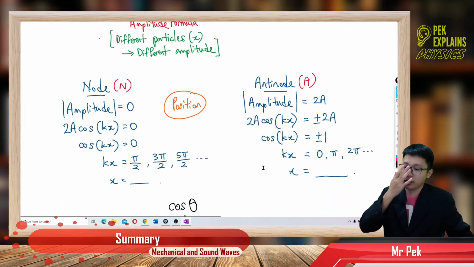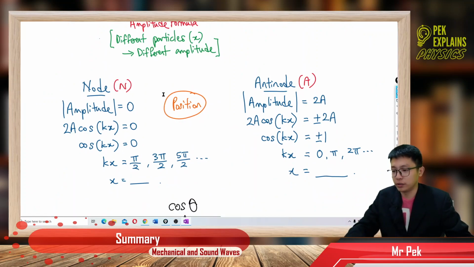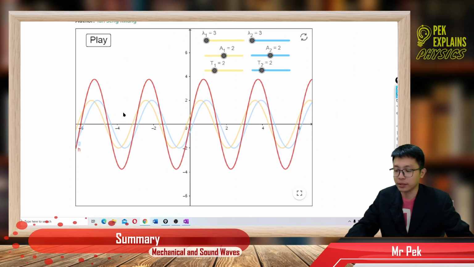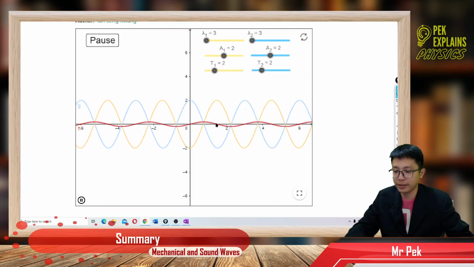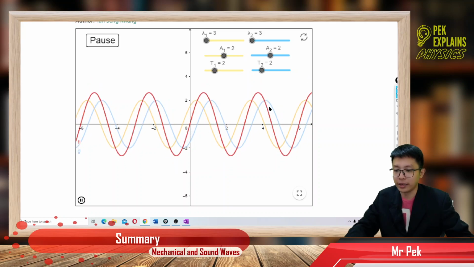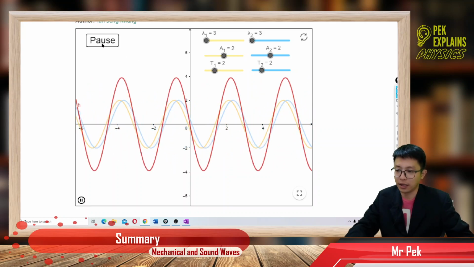Now, to determine the position of node and antinode, how do we do it? To find the position of node and antinode. You see that? How do we get the position of where the node and antinode happen?